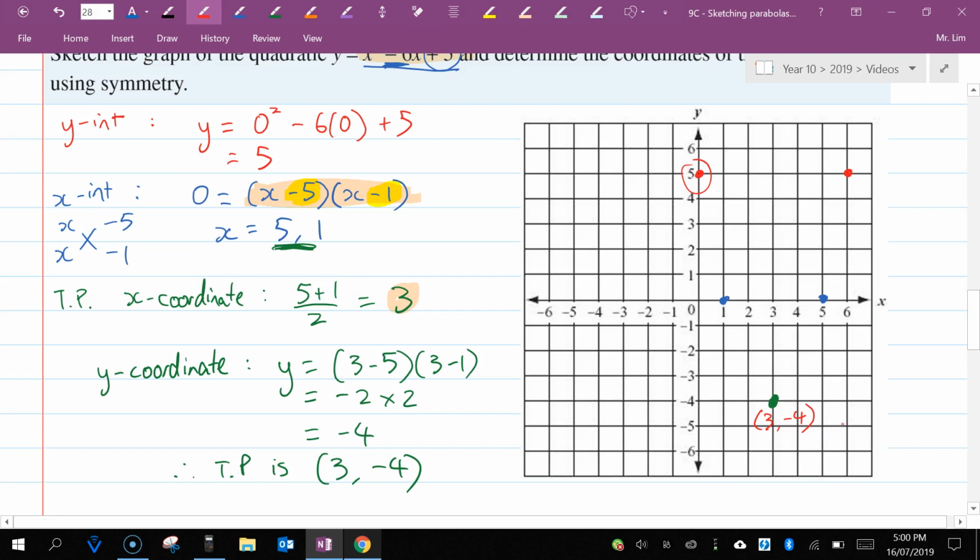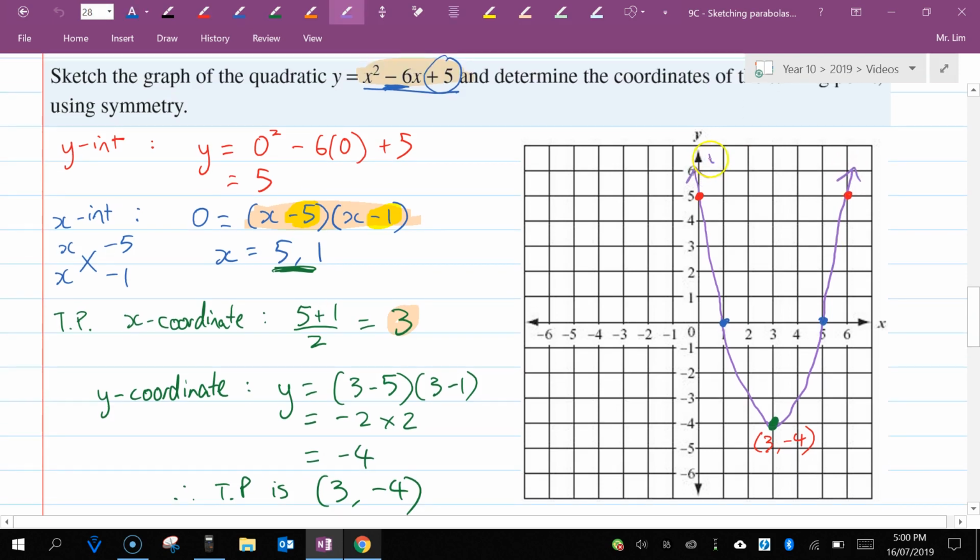And now we can draw our parabola. And that is y is equal to x squared minus 6x plus 5. And that's it.